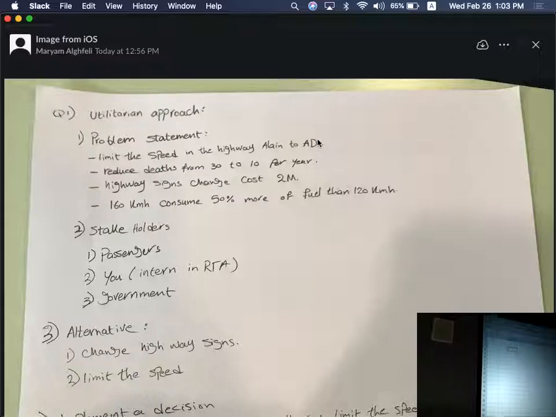Maybe RTA is the stakeholder, because you will take the decision, but better to put the institution. You're just an intern, right? And RTA. And who else? The government, who's going to pay for this. In this case, I think the government and the RTA are the same, so you could say government/RTA, because it's the branch of the government in charge of this. So you have two stakeholders.